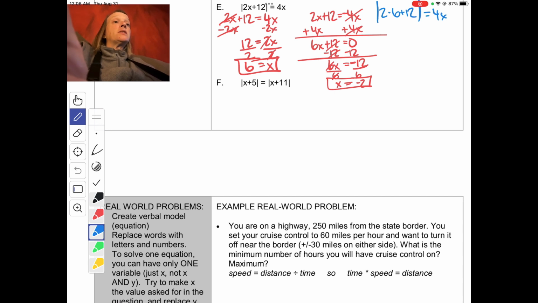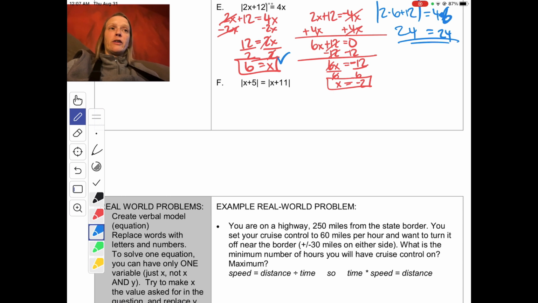I'm sorry, 4 times 6, because of course I'm plugging in my value for x everywhere I see it. On the right side of the equation, I have 24. And if you input this value into your calculator, 2 times 6 is 12, 12 plus 12 is 24, and you do in fact get that 24 equals 24. So this is a valid solution to the equation.